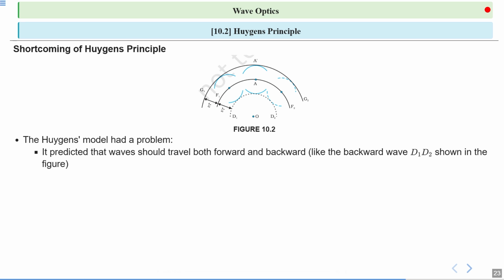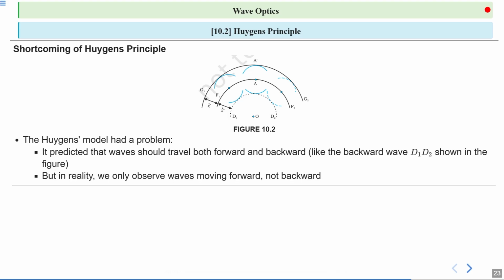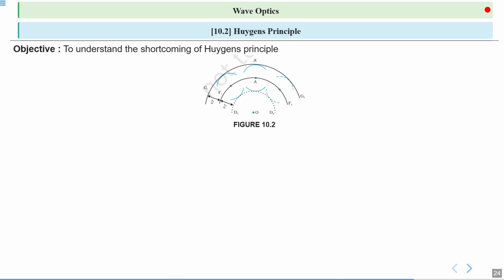Understanding this limitation helps us refine our models and improve our predictions about wave behavior. To summarize, Huygens principle suggests waves should move in both directions, but we only see them moving forward. Our objective here is to understand Huygens explanation of wave propagation and its shortcomings.